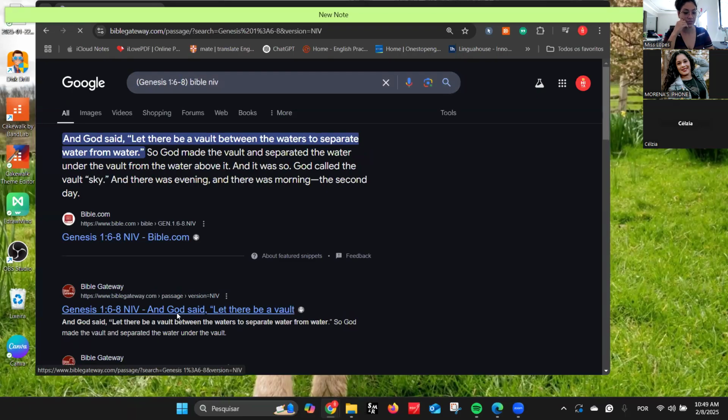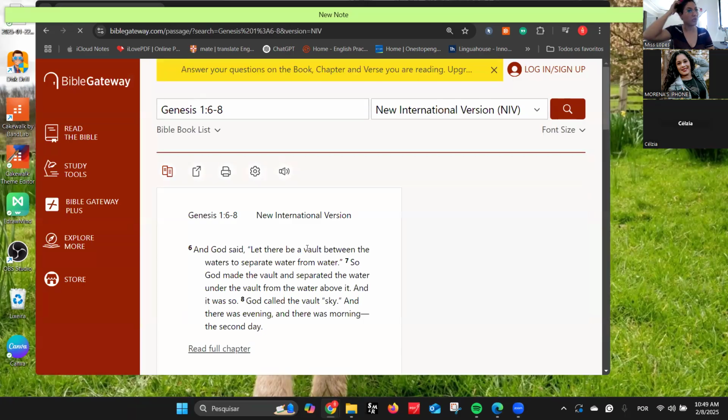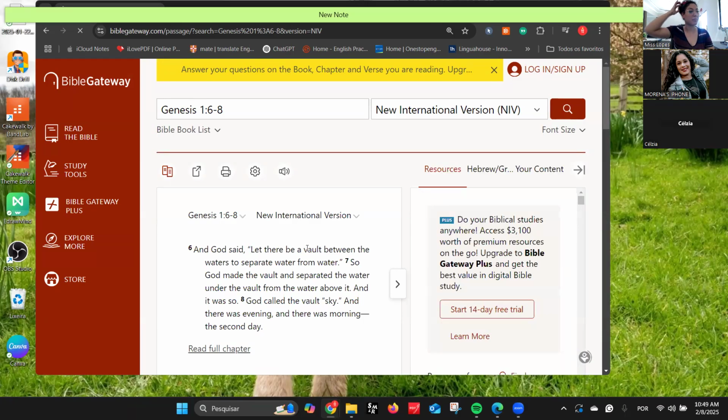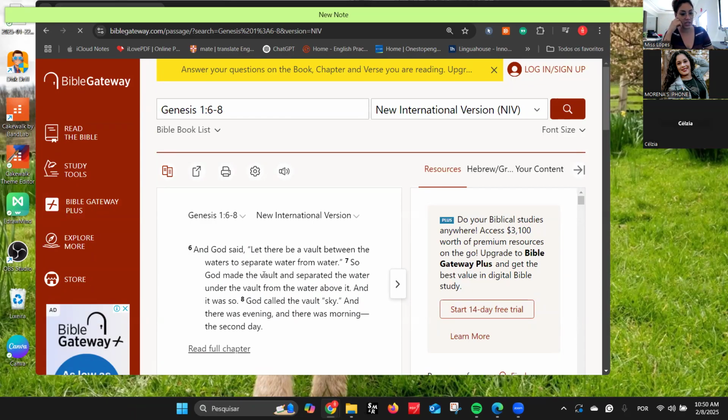a vault between the waters. What's the name? Vault. Vault é como se fosse uma separação, como se fosse um gap, só que é maior, sabe? Então, let there be a vault between the waters to separate water from water. And what else? In verse 8? So, yeah, God made the vault and separated the water under the vault from the water above it. And it was so.